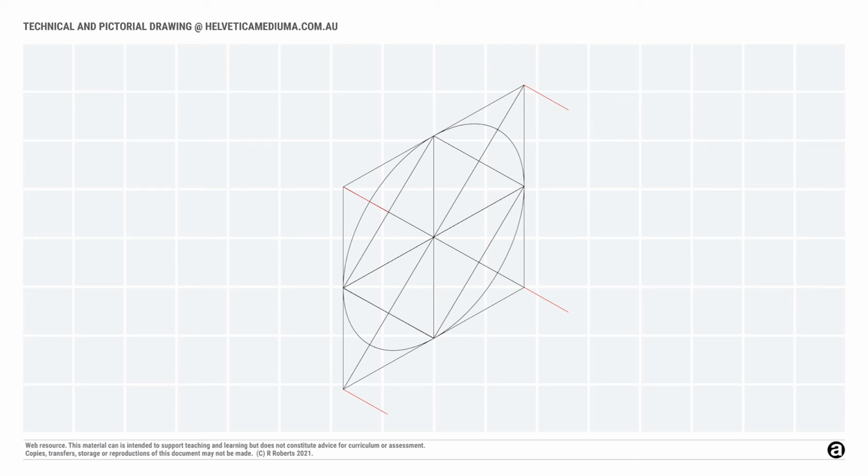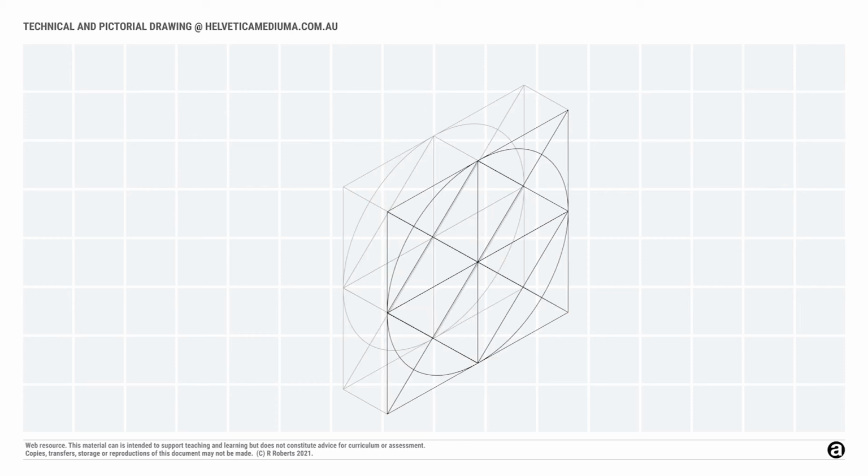Measure those lines out for the thickness from the third angle orthogonal that you're copying. Once you have those lines, use the same technique and create another square. Create the diagonals, verticals and horizontals and the diamond, and add another ellipse. So now we have two ellipses within squares sitting parallel with each other with those extension lines.